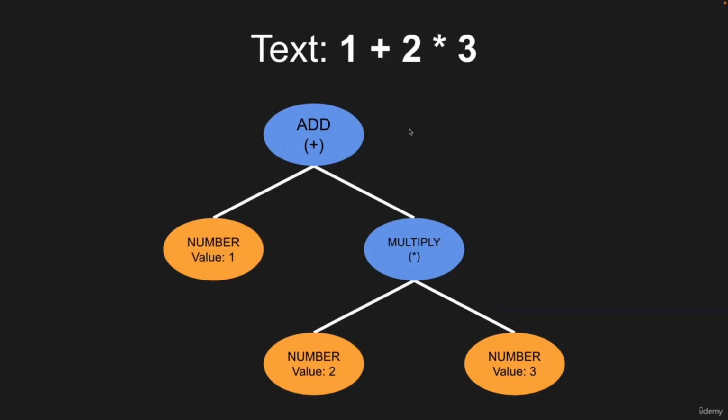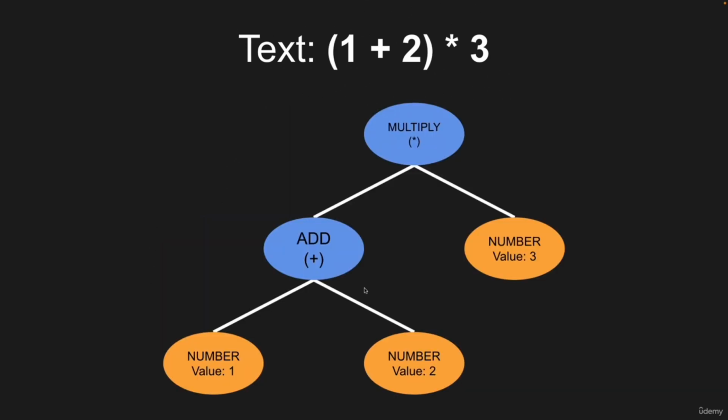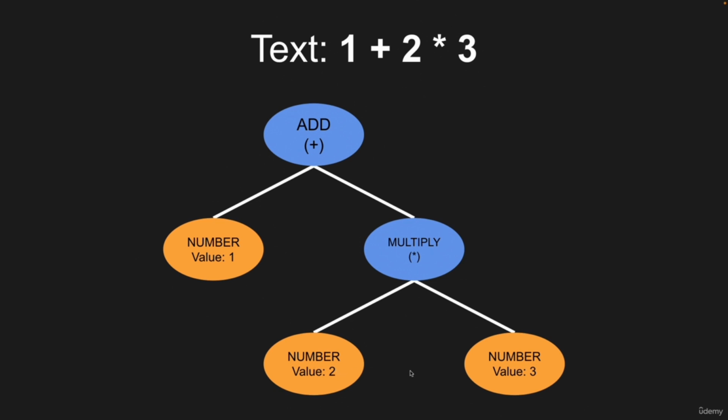Here's why. Right here we have 1 plus 2 times 3. So we see how the child of the add node is actually the multiply node. And the reason why is because there's 2 times 3, right? This is due to operator precedence, or order of operations.